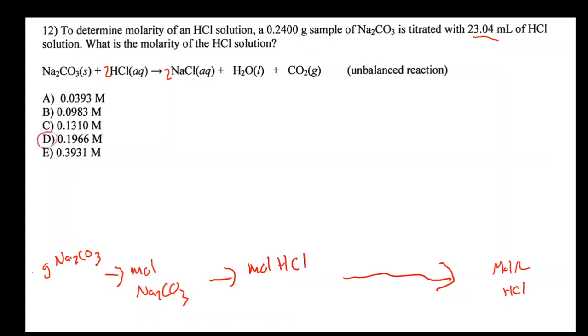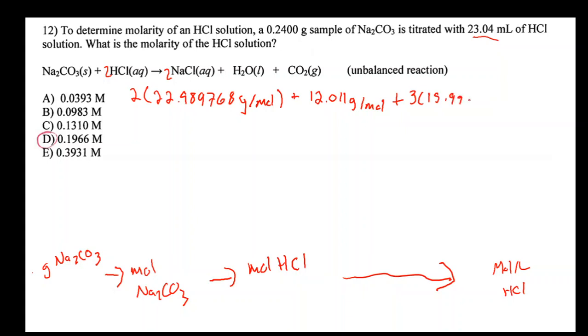So starting here, if we want to go from grams of Na2CO3 to moles of Na2CO3, we want to calculate the molar mass. So we have 2 sodiums at 22.989768 grams per mole, plus 1 carbon at 12.011 grams per mole, plus 3 oxygens at 15.9994.